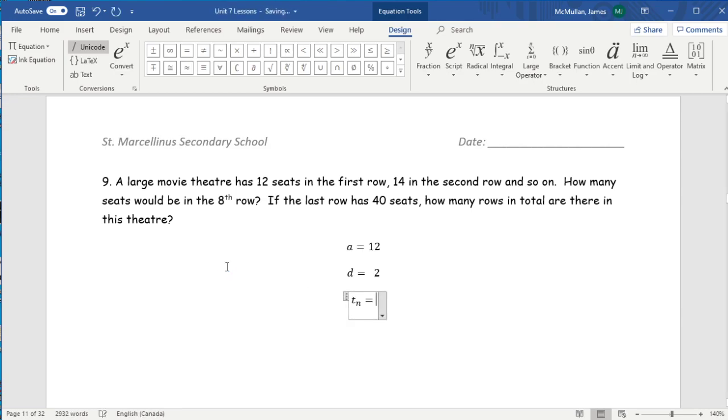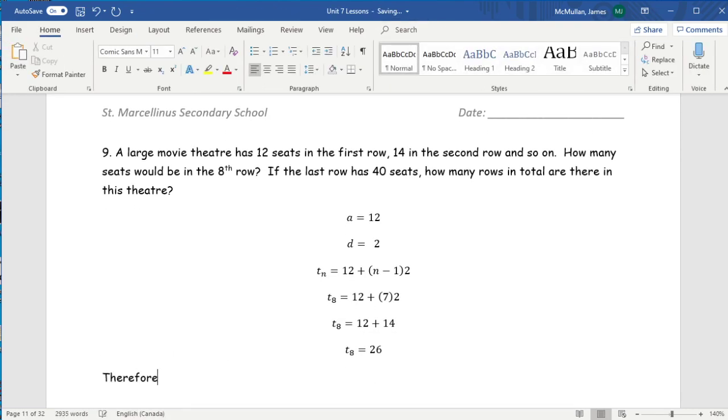So the general term would be 12 plus n minus 1 times 2, and then it says how many would be in the 8th row. So what would be in row 8? It would be 12 plus 7 times 2, 12 plus 14, 26. So therefore there would be 26 seats in the 8th row.